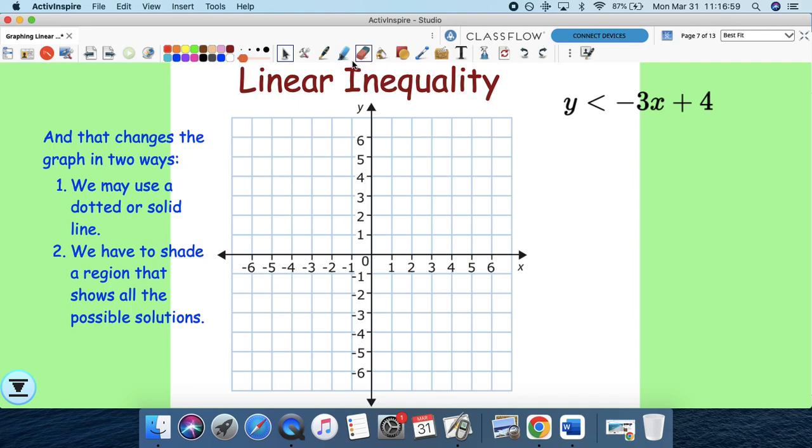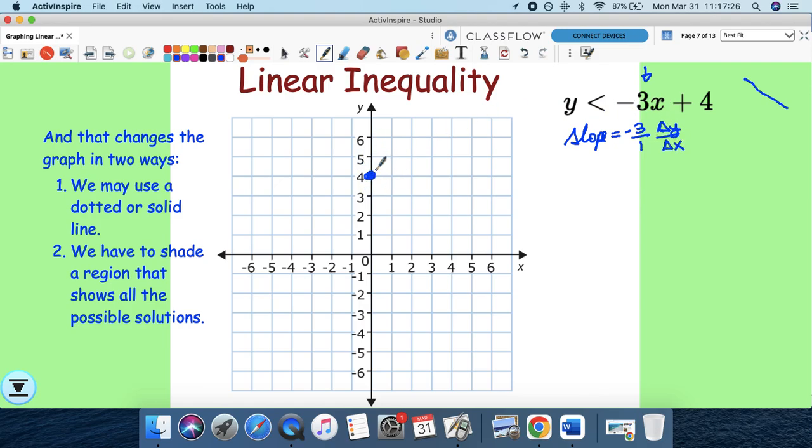So again, let's talk about the two pieces of information that are given to me. One, we have a negative slope, so we know the line is going to be coming down. We know that the y-intercept is 4, so let me go to +4 and just put a point right off the bat there. Our slope is -3, and we're going to put it over 1, so our change in y is 3, our change in x is 1.